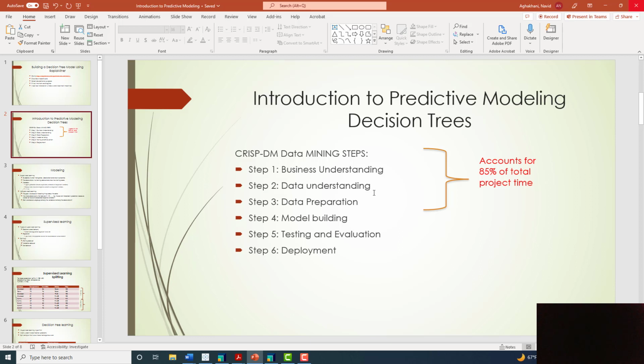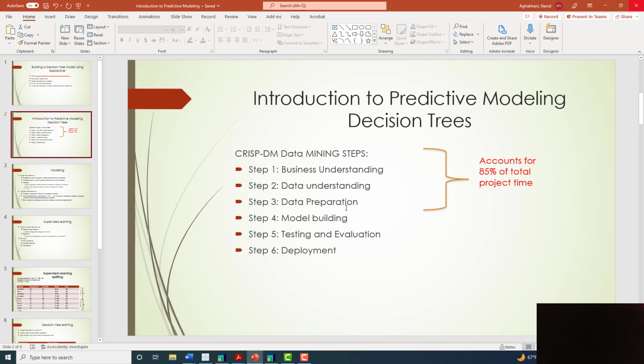Okay, the next steps, data preparation and data understanding, along with step 2 and step 3, are the most important steps in the data mining process, in that you are going to spend a lot of time to understand the data instances in your project, and a lot of time to prepare the data and cleanse the data and prepare it for machine learning models.